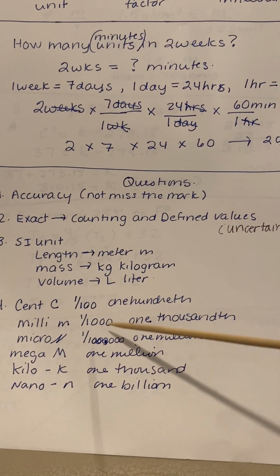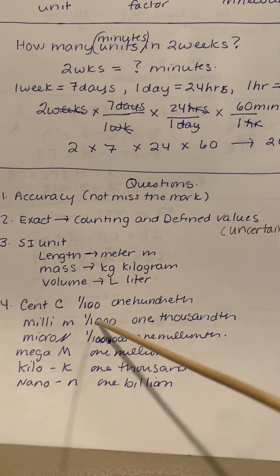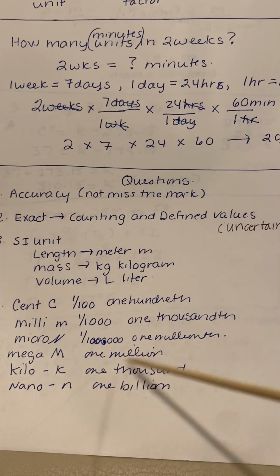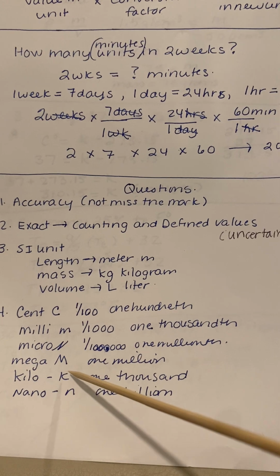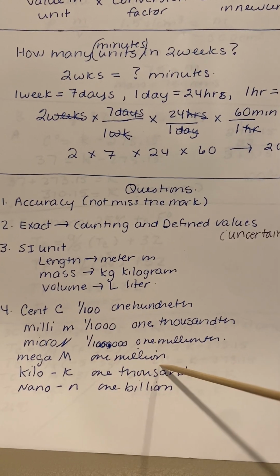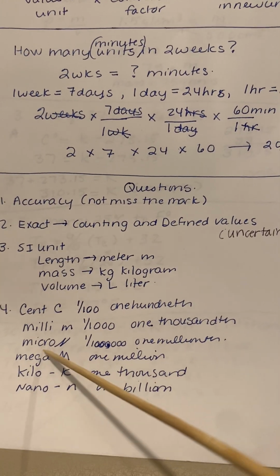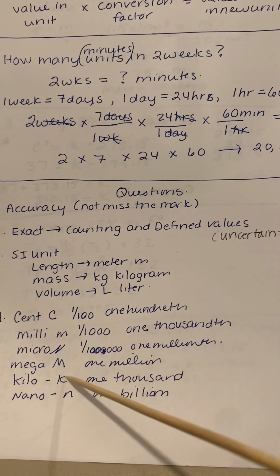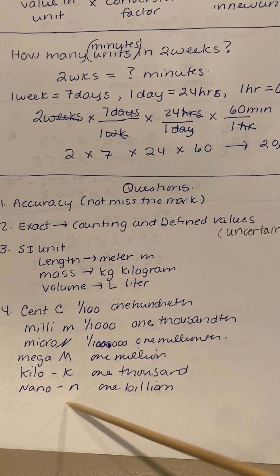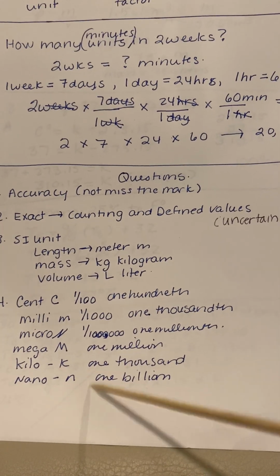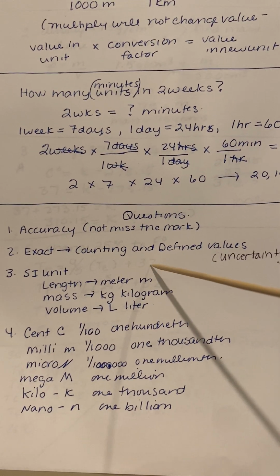A centimeter is going to be 1/100th of a meter, right? And you get littler and smaller and smaller. Now, when you want to get bigger, you're going to say, I have a mega. That's a 1,000,000. Mega means a million. I have a kilo. That means you have 1,000. Or I have a nano. That means I have 1 billion. You need to know these for your test too.